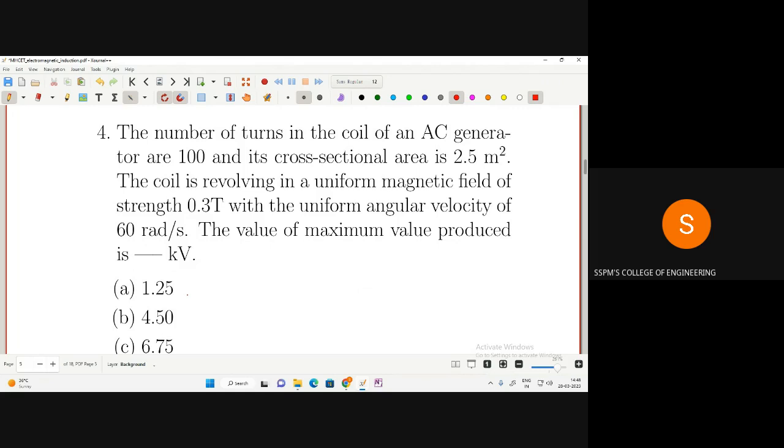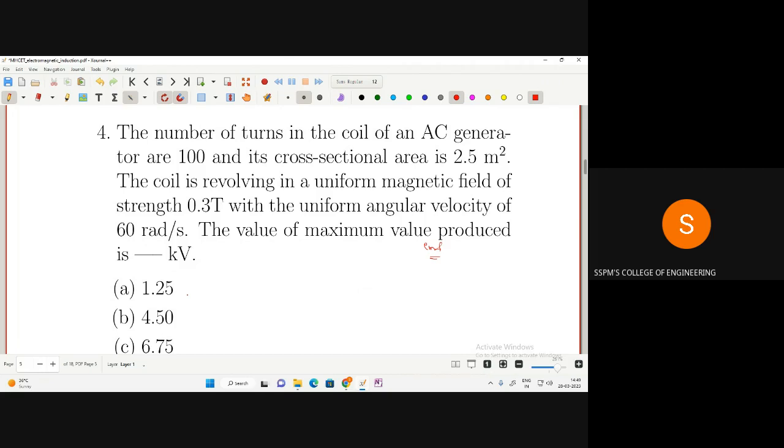And that coil is revolving in a uniform magnetic field of strength 0.3 with a uniform angular velocity of 60 radian per second. You have to find the maximum value of the EMF produced, in kilovolt.